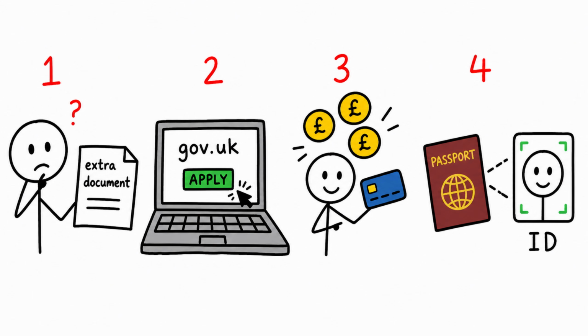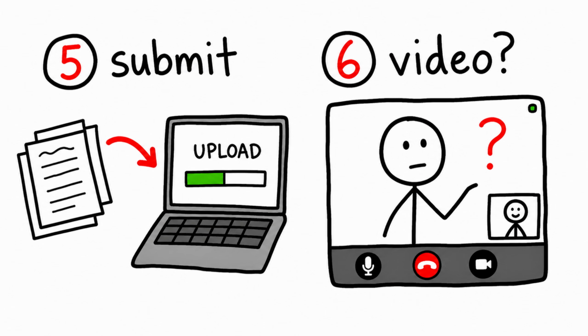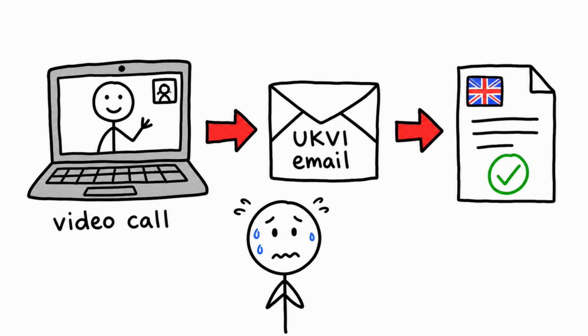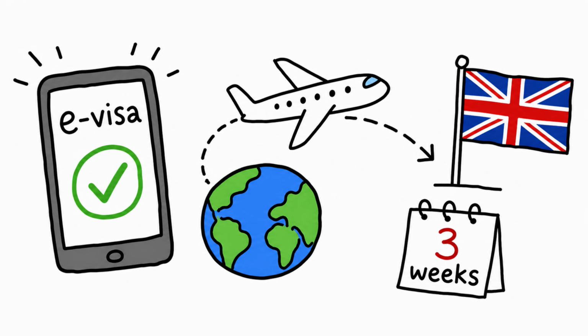Fourth, you prove your identity. Fifth, you submit your documents. Sixth, some applicants get a credibility interview, and these days, that's usually a video call. Seventh, UKVI makes the decision and emails you. Eighth, you get your digital eVisa. And ninth, you travel. From outside the UK, you'll usually get a decision in about 3 weeks.